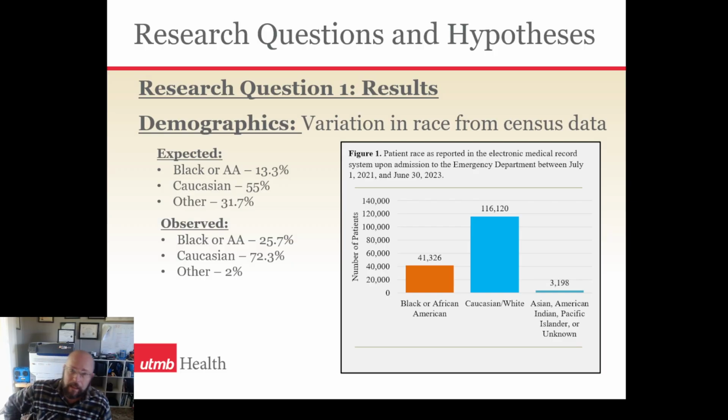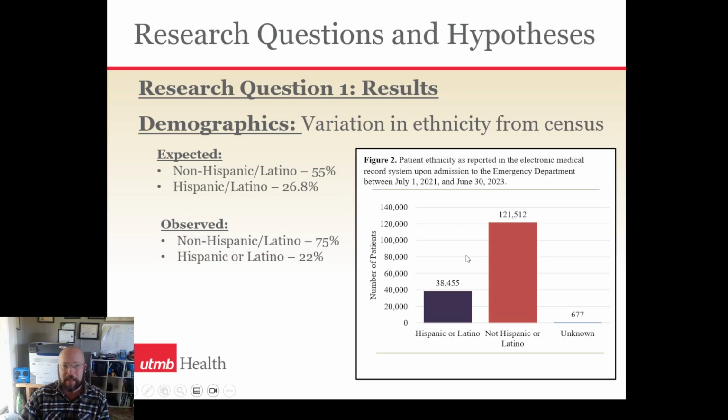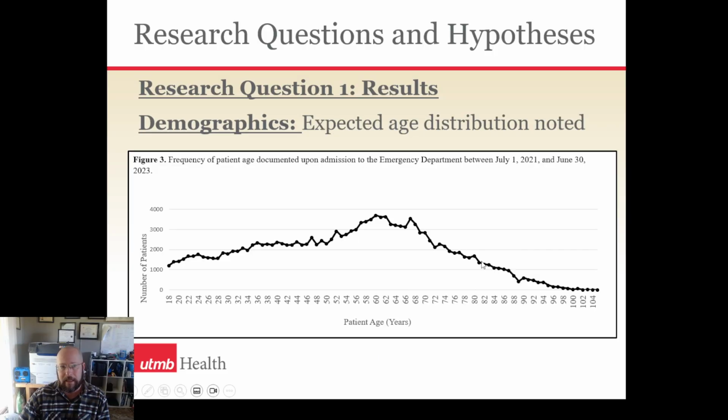And what we found here was, first off, we have an expected versus observed racial deviation. There was really no deviation from what you would have expected, or very little deviation in racial breakdowns. Similarly with ethnicity, somewhat what we'd expect to see. You'll see the age in years.